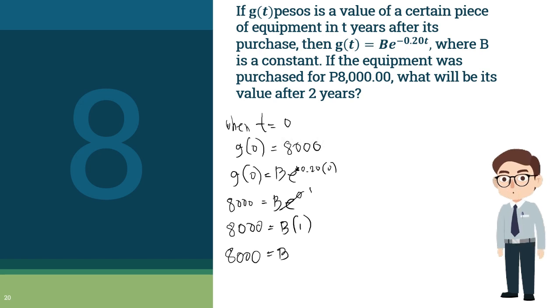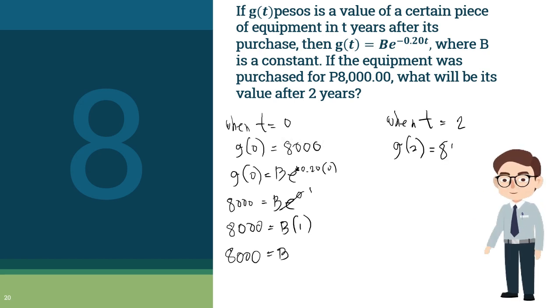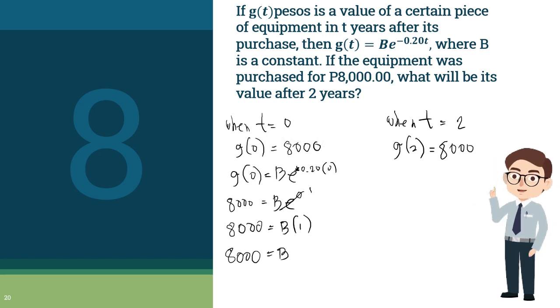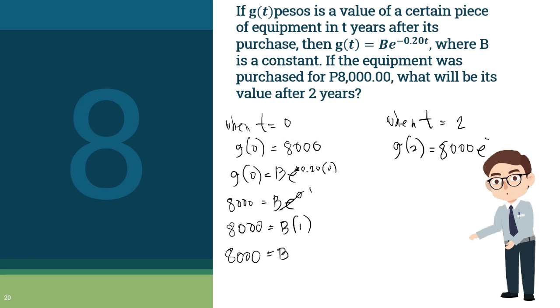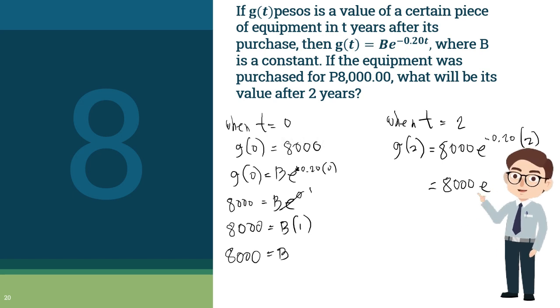So let's have our T when T is equal to 2 years. So we have G of 2 is equal to, what is the value of our B? That is 8,000, E raised to negative 0.20 multiplied by our time, that is 2. So we have now G of 2 is equal to 8,000 E negative 0.20 multiplied by 2 is negative 0.40.